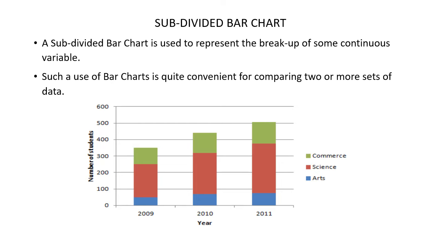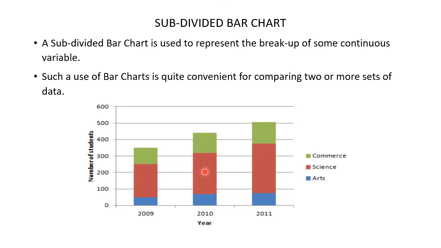Similarly, in 2010, the number of students studying arts is 75, because this corresponds to 75 on the y-axis. Number of students studying science in 2010 is 325 minus 75, that is 250.